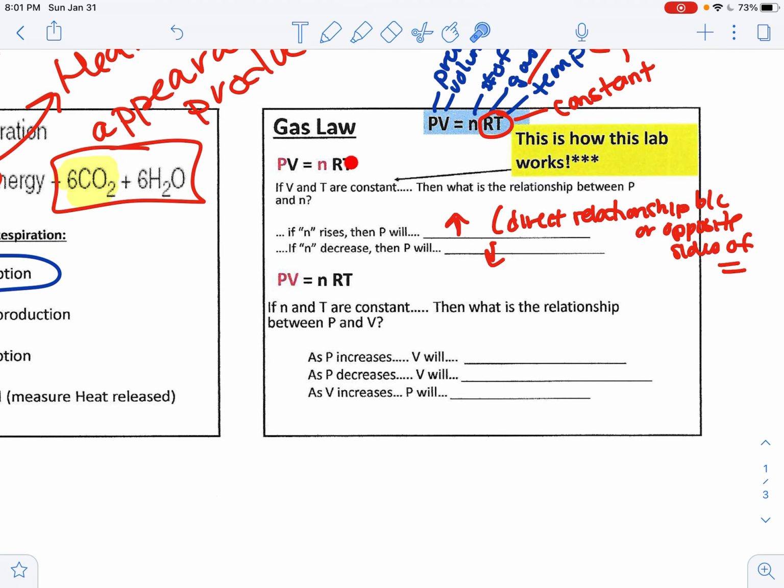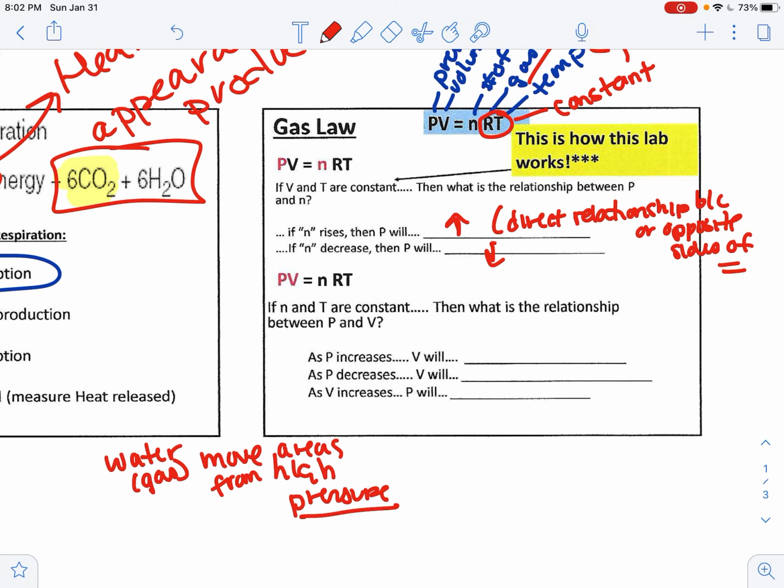But we're going to see what happens if we change the temperature. And remember, this whole lab is based on the concept that water or gases or anything will move from areas of high pressure to low pressure.